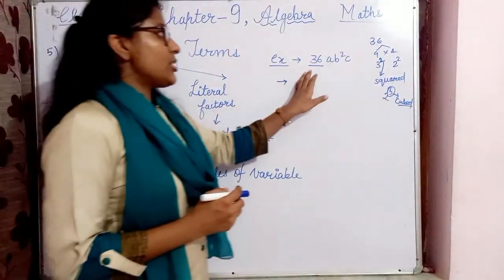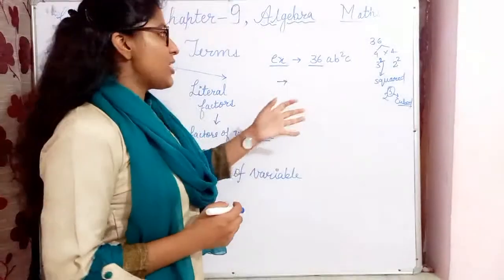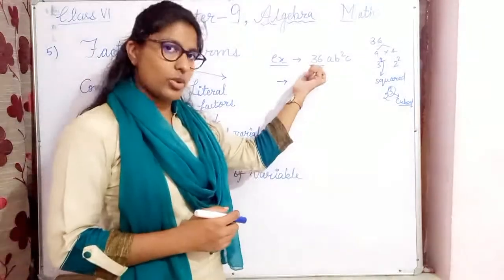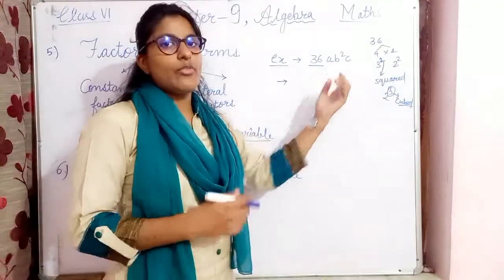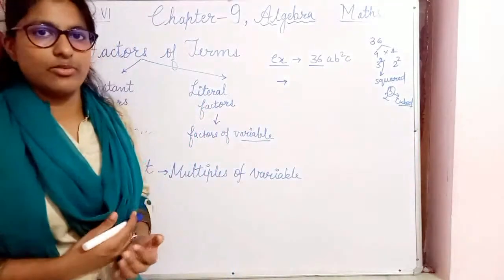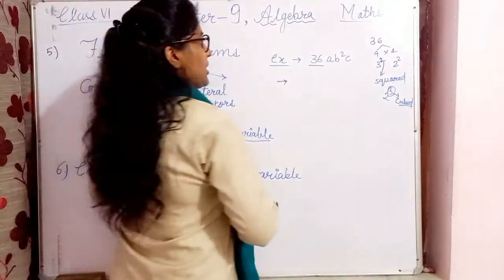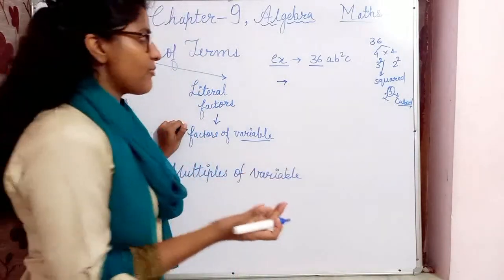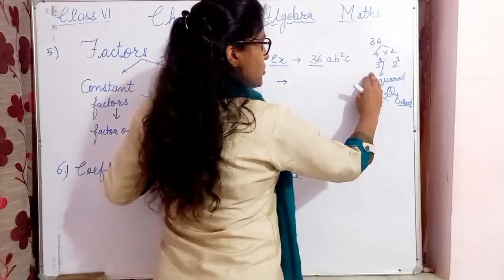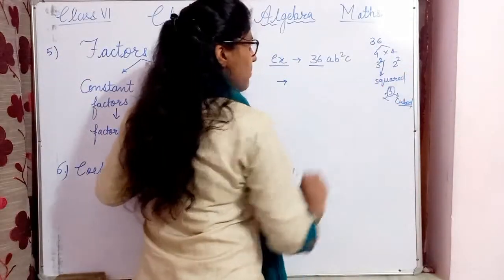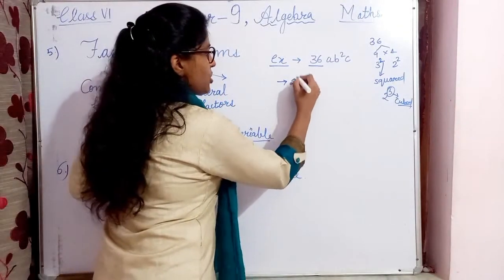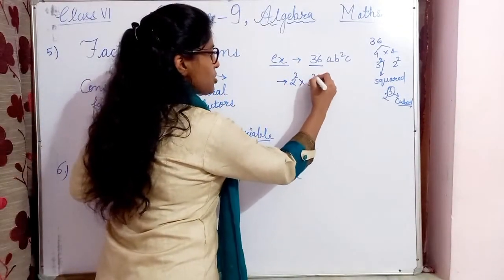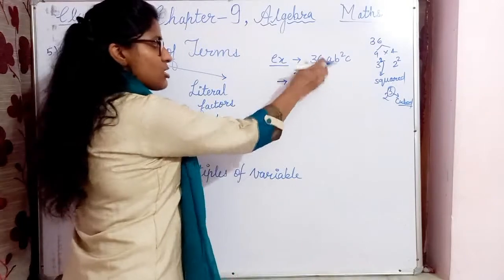I am writing here 36ab square c. Firstly, we find the factors of 36. Then we will see how we find the literal factors of the variables. When you factorize 36, just like you did in chapter number 3, the same way: 9 into 4, 9 is 3 to the power 2 and 4 is 2 to the power 2. So the factors are 2 to the power 2 multiplied by 3 to the power 2. These are the factors of 36.